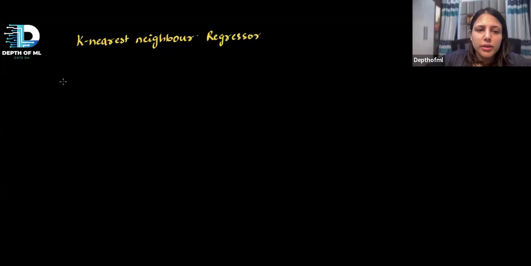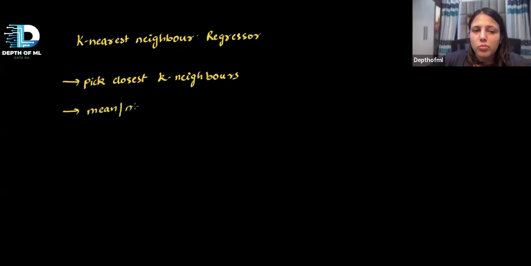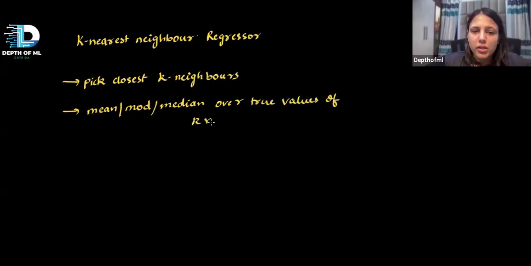What you will do is pick the closest K neighbors, and then calculate some statistical value, like the mean or median, over the true values of the k nearest neighbors.